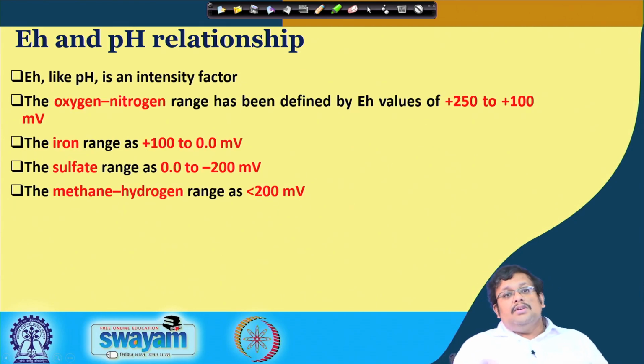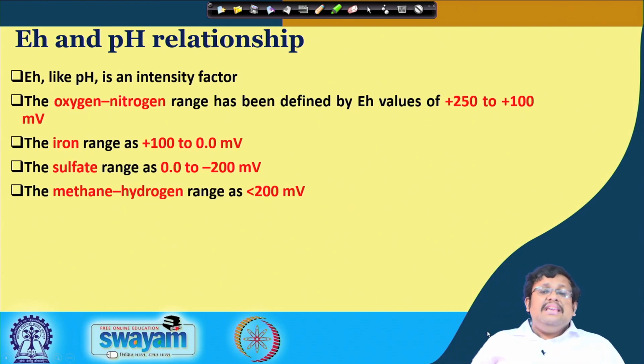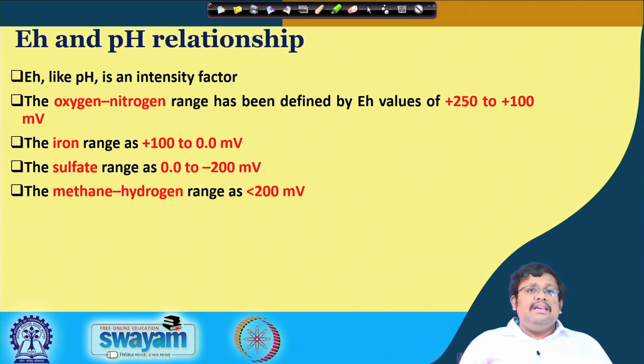So, EH, just like pH, is an intensity factor. You know the difference between intensity factor and capacity factor.